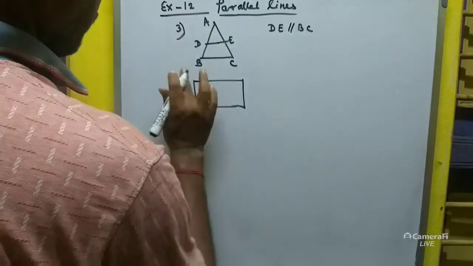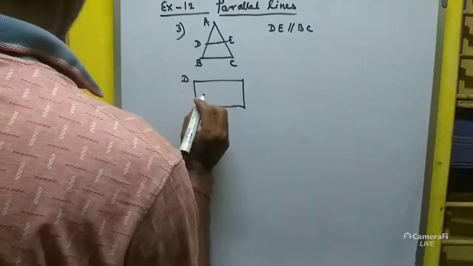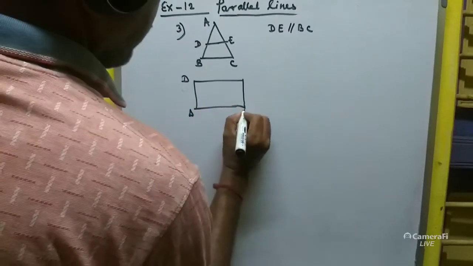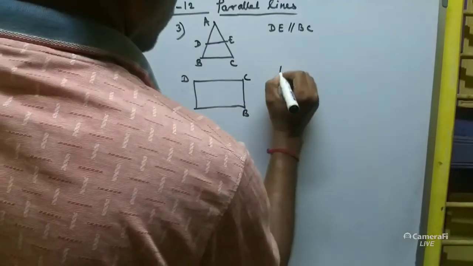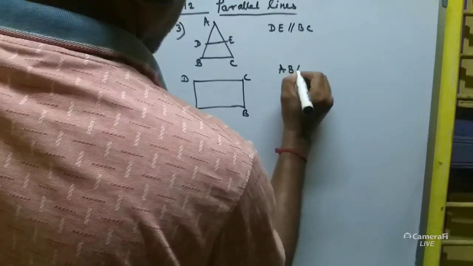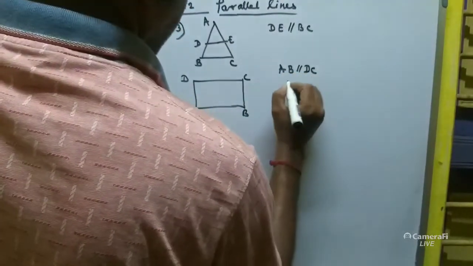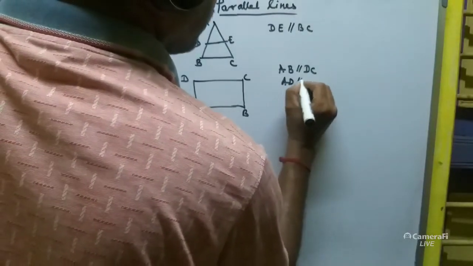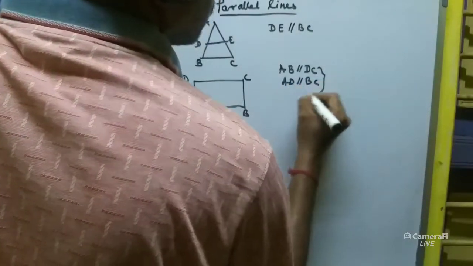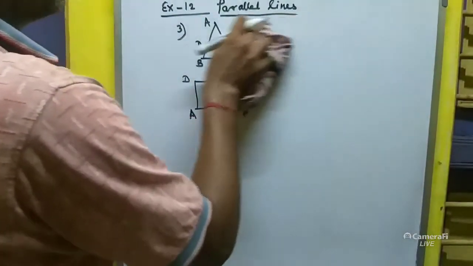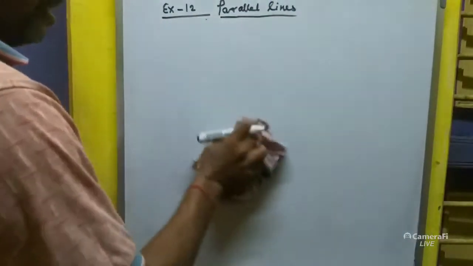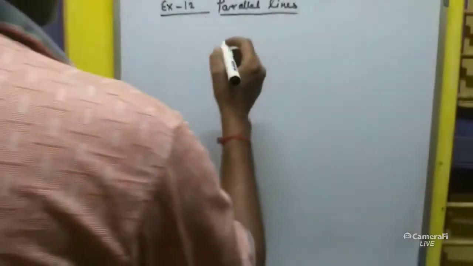Suppose this one D is given: D, A, B and C. So AB is parallel to DC and AD is parallel to BC. So these two are given. In this way you can find out all parallel lines. Write in this way. The important thing is how we represent this. I will give you the idea.